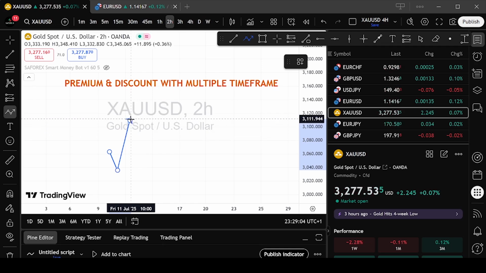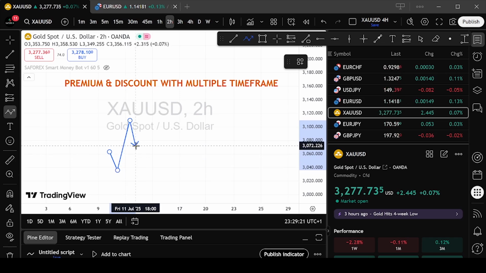So the difference between here and here is the range. We expect that price above this 50% is your premium in a bullish market, and below this 50% is your discount.